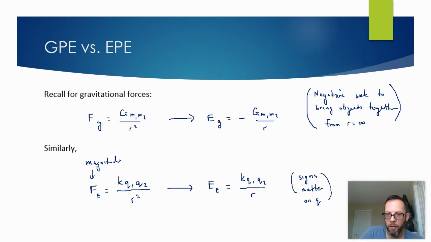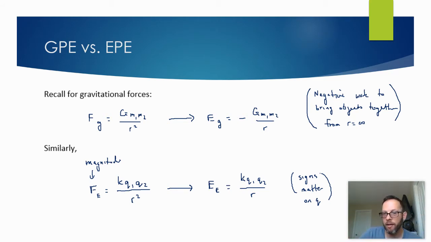Well, if I were to plug in a positive charge and a negative charge, those two things would attract each other. If one Q is negative and one Q is positive, I'm going to get a negative electric potential energy, just like gravity, because two oppositely charged particles are going to attract.